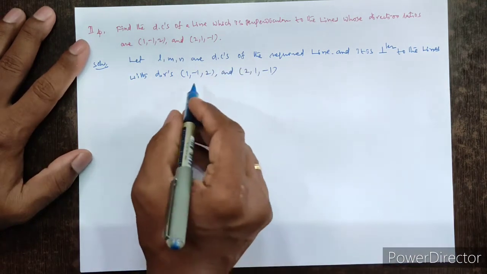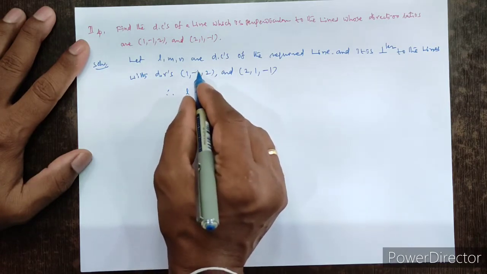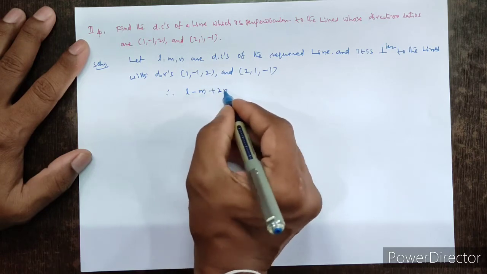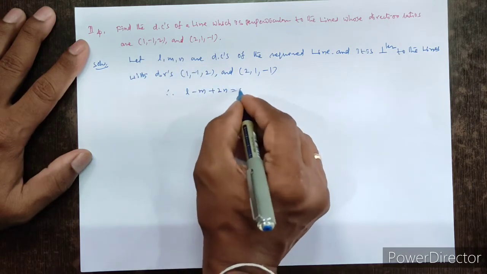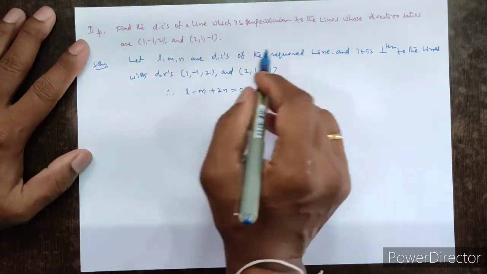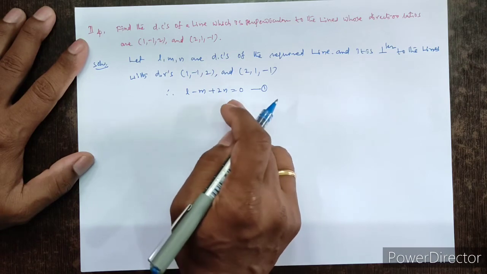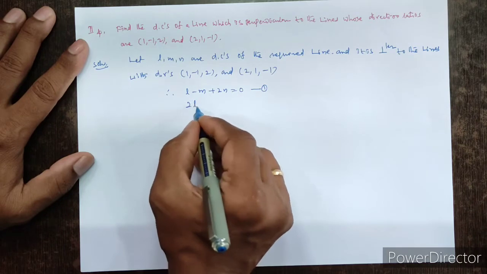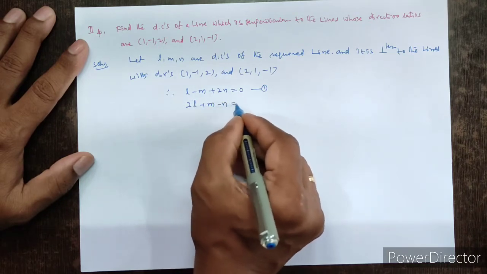So l into 1 plus m into minus 1 plus n into 2 equals 0 is one equation, because it is perpendicular to the required line. So l minus m plus 2n equals 0 and 2l plus m minus n equals 0.